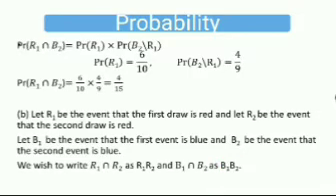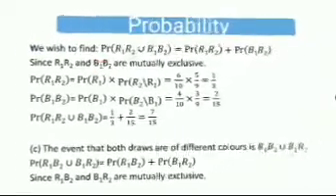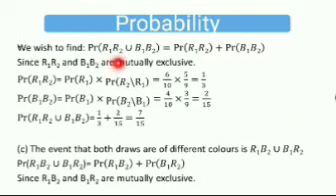Is that clear now? So we wish to find the probability of R1R2 union B1B2. If they must be of the same color, it will be either red or blue. So the probability of R1R2 plus the probability of B1B2. Since R1R2 and B1B2 are mutually exclusive, the probability of R1R2 will be the probability of R1 multiplied by the probability of R2 given R1.